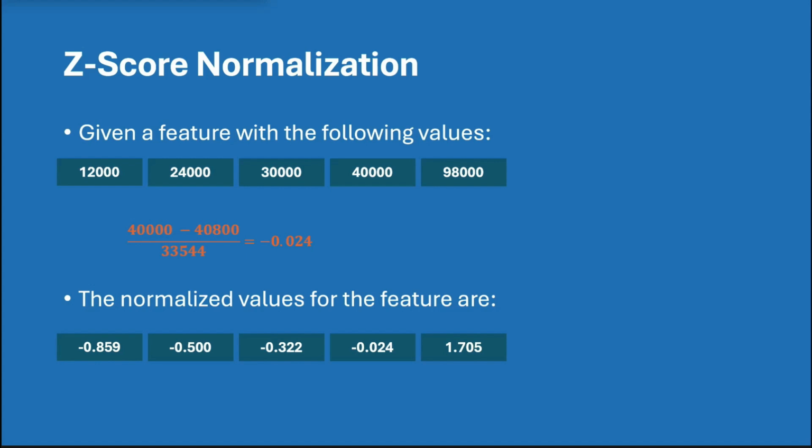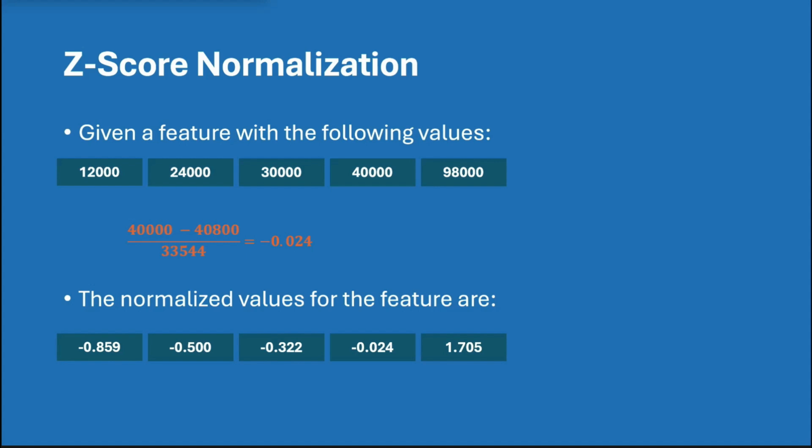This yields a negative 0.024. Using the same approach for the other values of the feature, the normalized values will be minus 0.859, minus 0.5, minus 0.322, 0.024, and 1.705. Note that the mean of the normalized values is 0 and the standard deviation is 1.